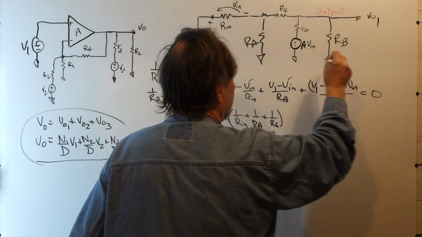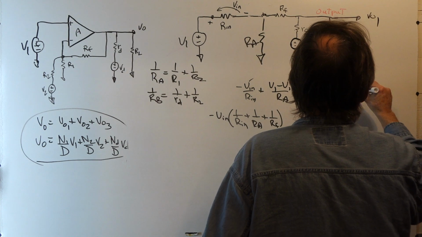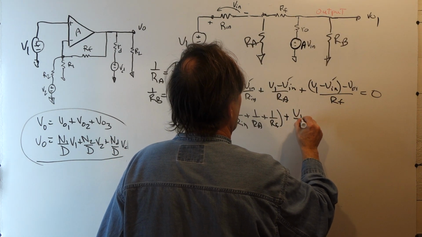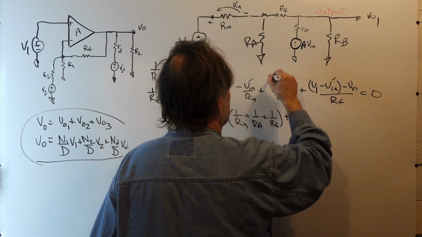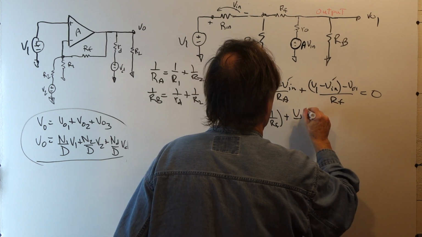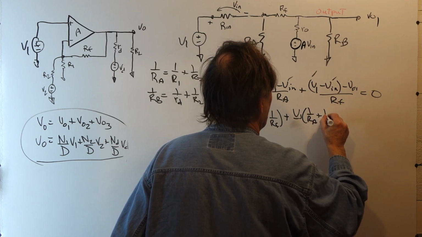These are our Vn terms. And then we have plus V1 over RA. That's that term. Plus this term. So it's 1 over RA plus 1 over RF.